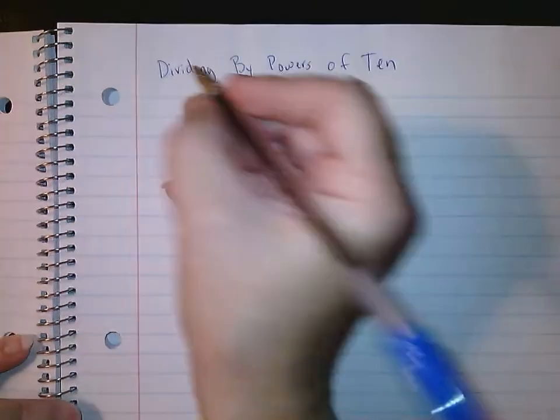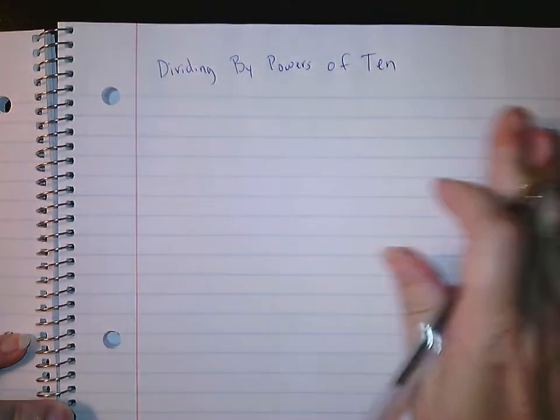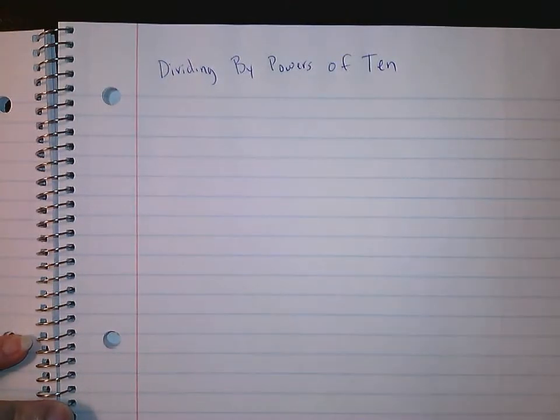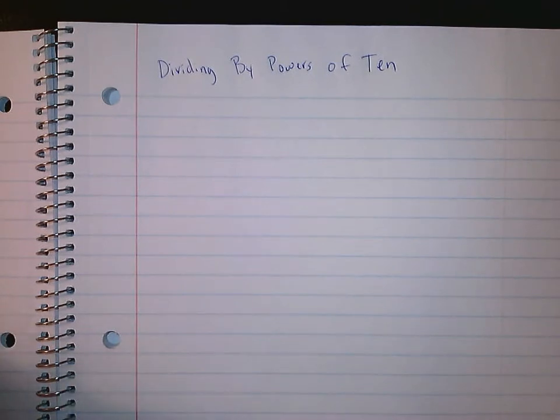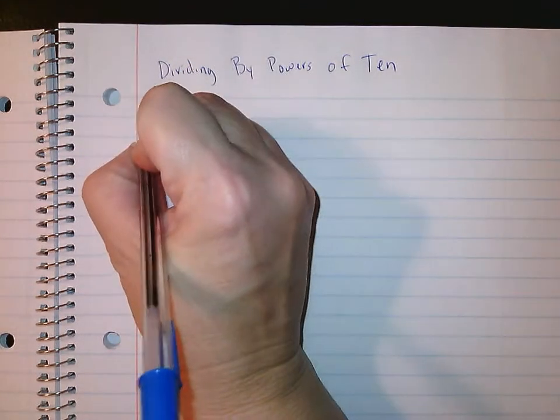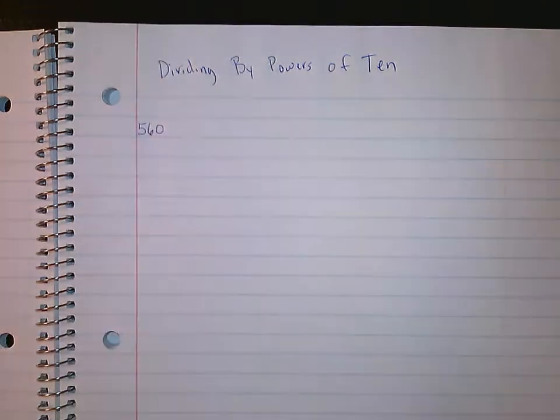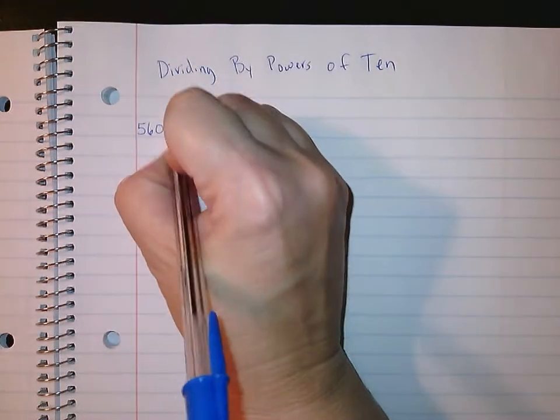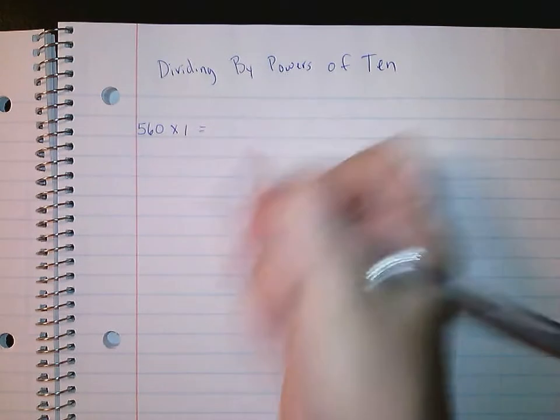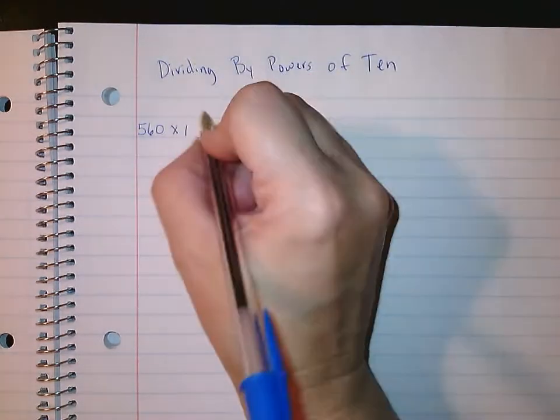So we're going to make 3 columns here so you can see the pattern of what's happening, because we are explaining the patterns in the placement of the decimal when we are dividing by powers of 10. We are going to use the number 560 for this example. So we're going to multiply by 1. When you multiply a number by 1, the decimal is not going to move anywhere.